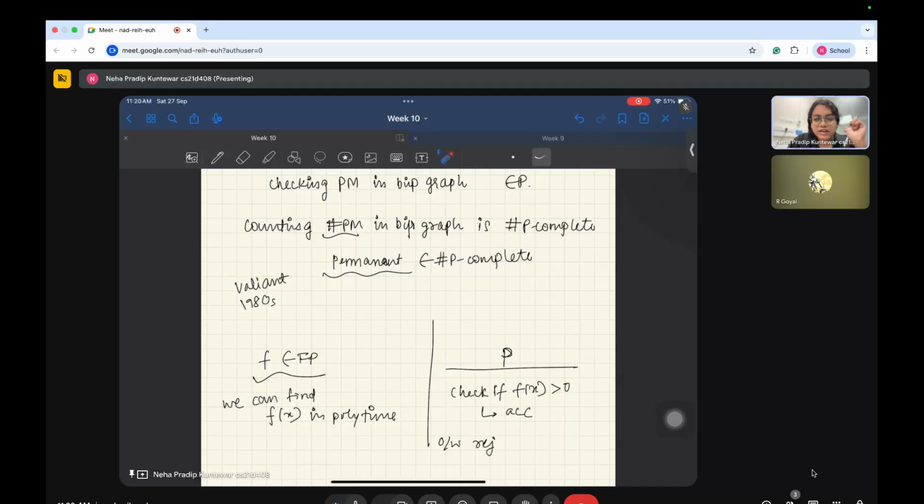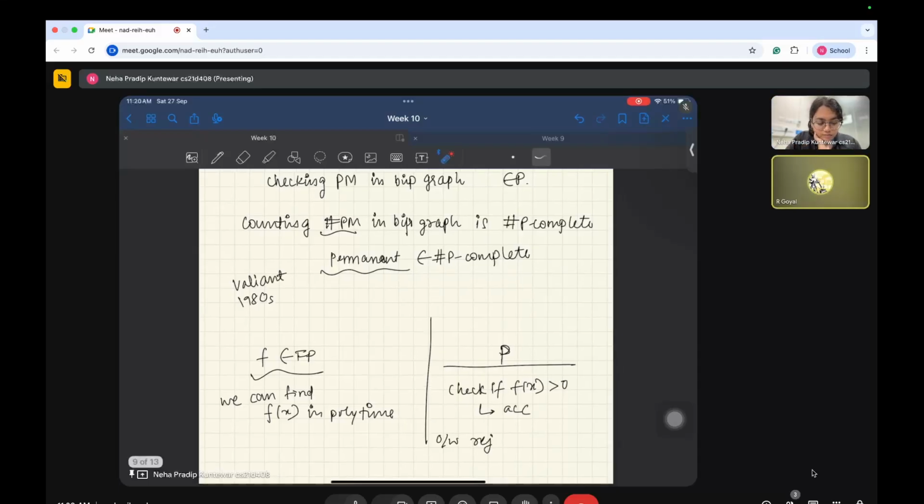I did not exactly capture the question, so let me try. My query is that saying whether there exists a solution or not is one thing, and getting the solution is another thing, isn't it? Right, but that is not what P is doing. P is just checking whether there is a solution.